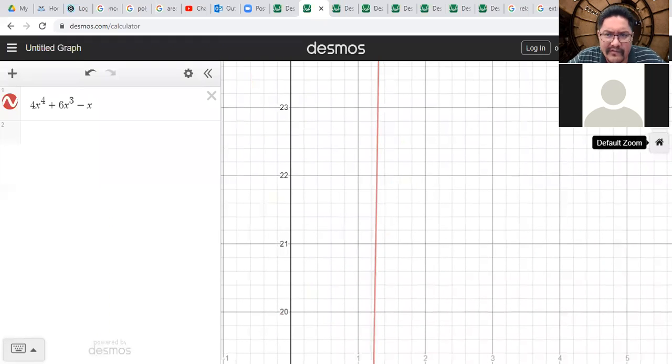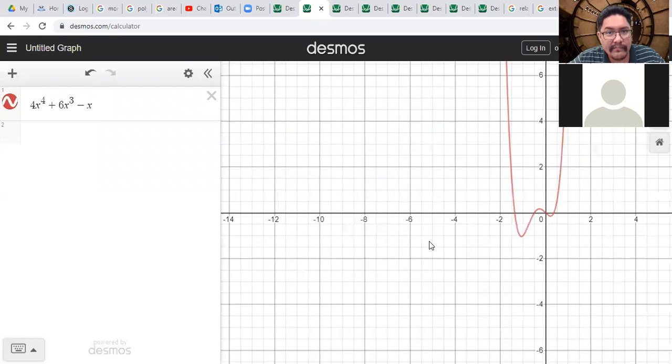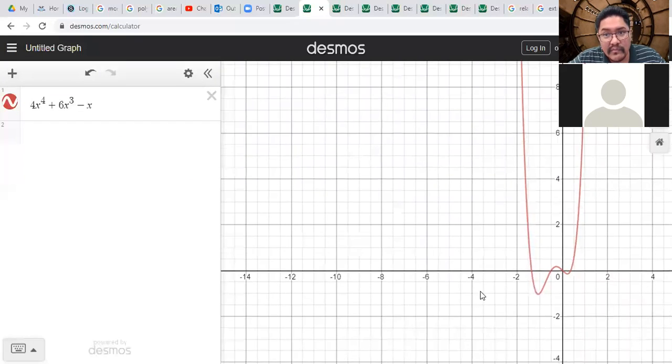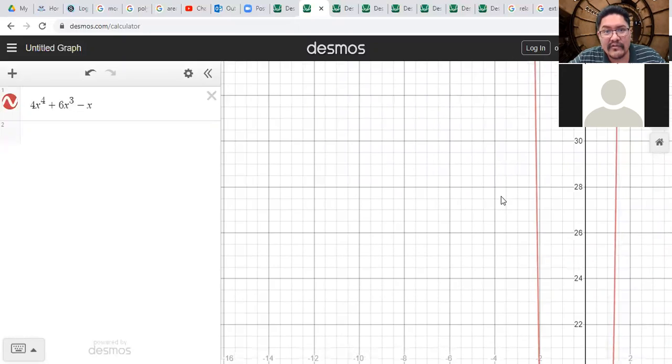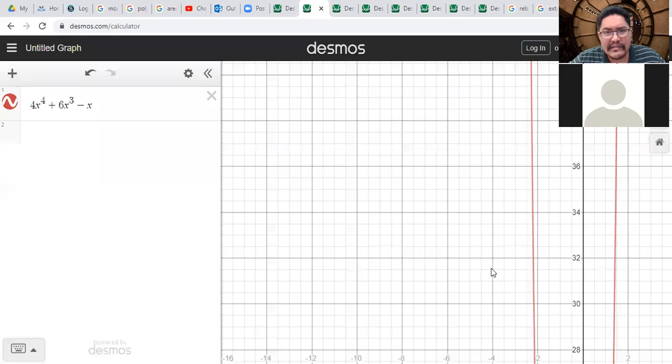Now it's moving up very, very slowly, but it is definitely moving forever up and to the right. And as we go backwards to the left, starting from the last thing that it does, towards negative infinity, the line moves upwards as we go to infinity. Again, it's going up pretty slowly, but it is still going towards positive infinity.